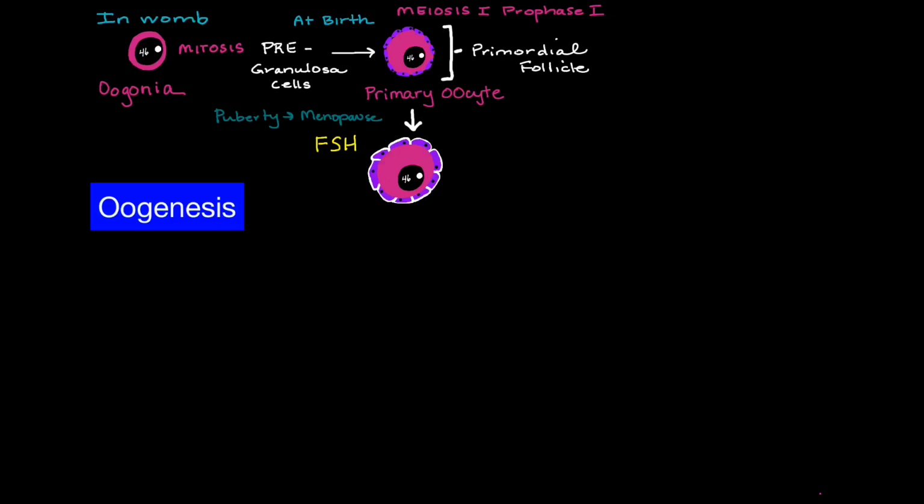Our follicle starts to grow. You can see here that the gamete itself becomes a little bit larger. You'll notice this when we look at the slide images. But the follicle itself is starting to grow. So in response to that FSH, things start growing a bit.